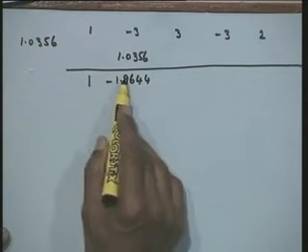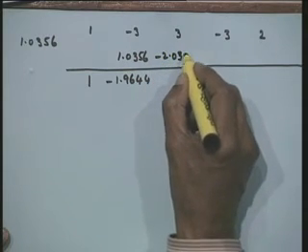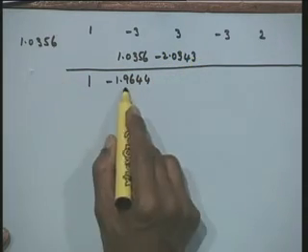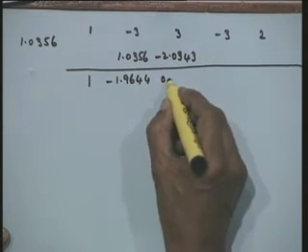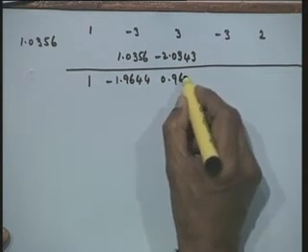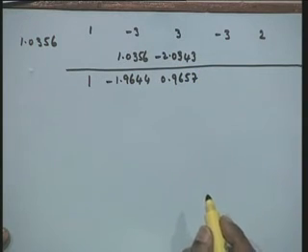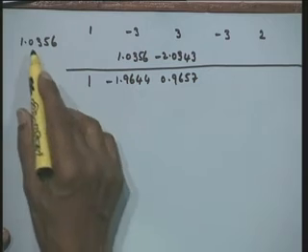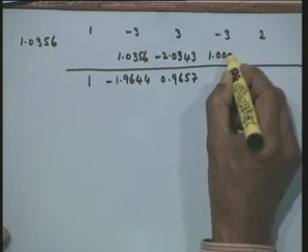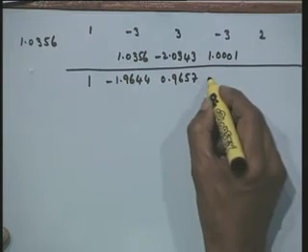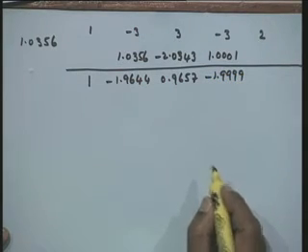Now, I multiply these two and put it over here, I will get a minus 2.0343, that is this product and sum them up, I will get 0.9657. Now, I am multiplying this and putting it here, it comes out to 1.001, minus 1.999.